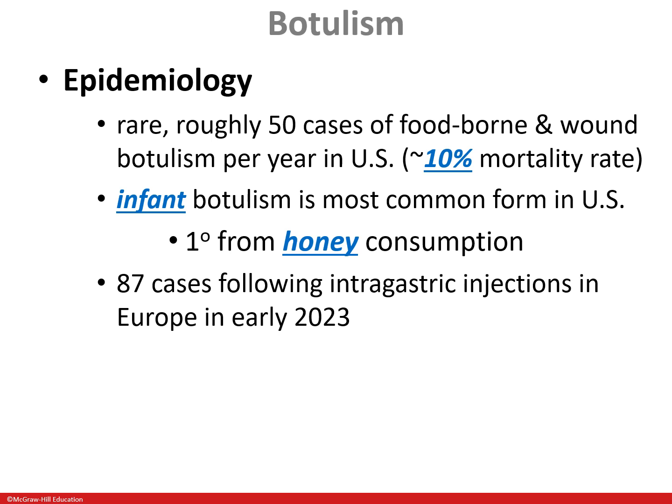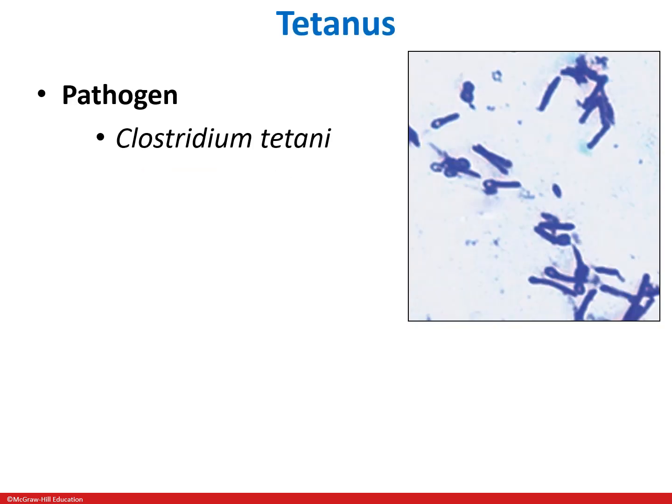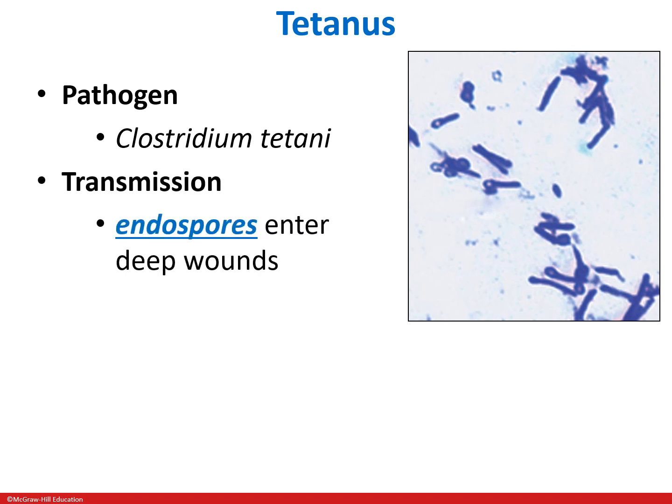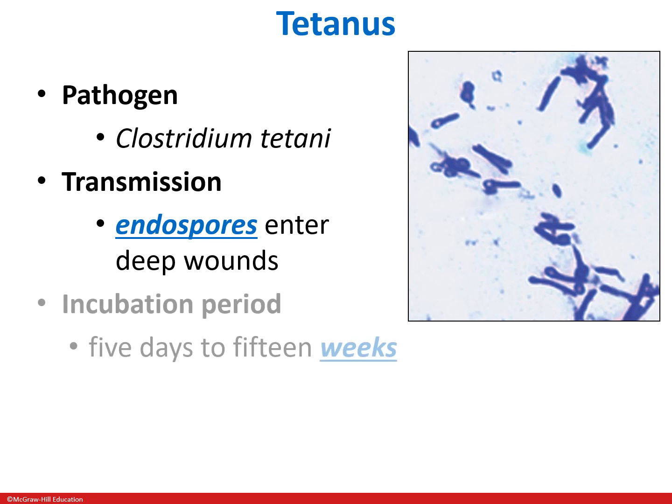And then tetanus. This is a sister species to botulism, so Clostridium tetani, also an endospore-forming bacillus, and required to get those endospores deep into an anaerobic space like a wound in order to germinate and grow.